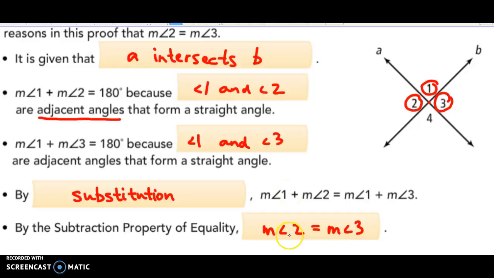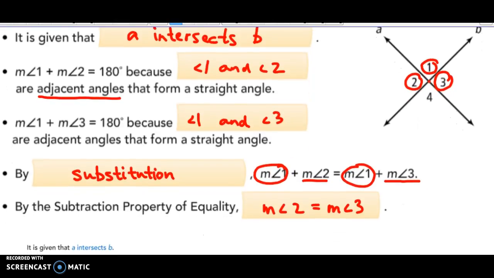And now, if I need to prove that the measure of angle 2 equals the measure of angle 3, then I need to get rid of the measure of angle 1. So if I want to get rid of something that shows up on both sides of the equation, I can subtract it out. So by the subtraction property of equality, if I subtract the measure of angle 1 from both sides, then what I'm left with is that the measure of angle 2 equals the measure of angle 3.